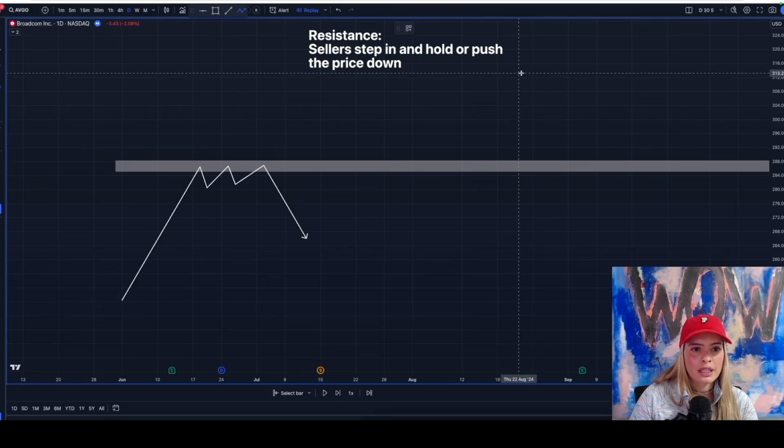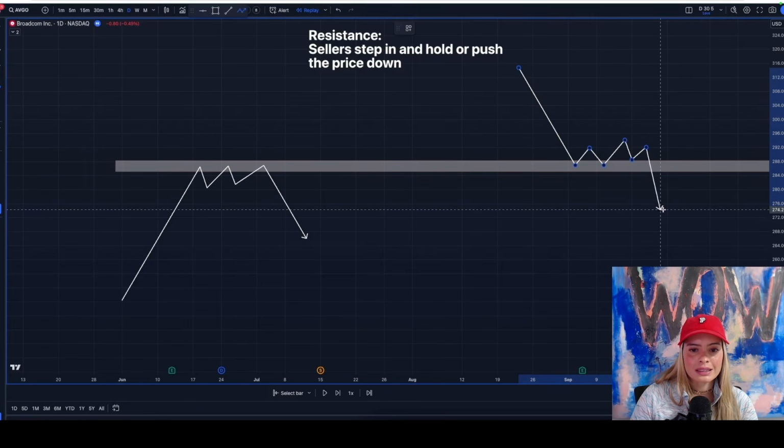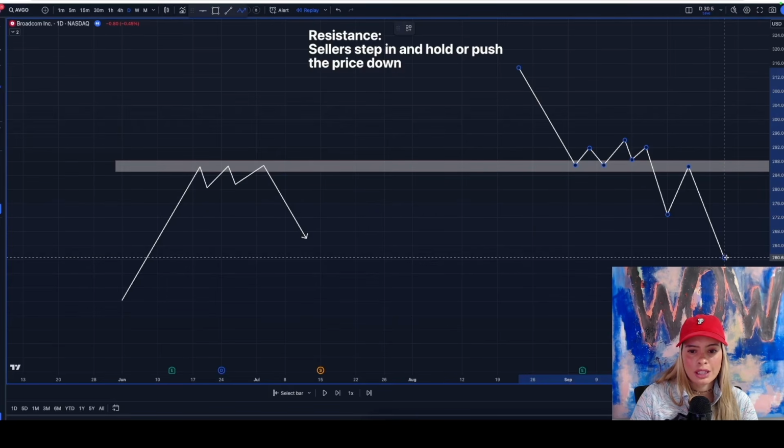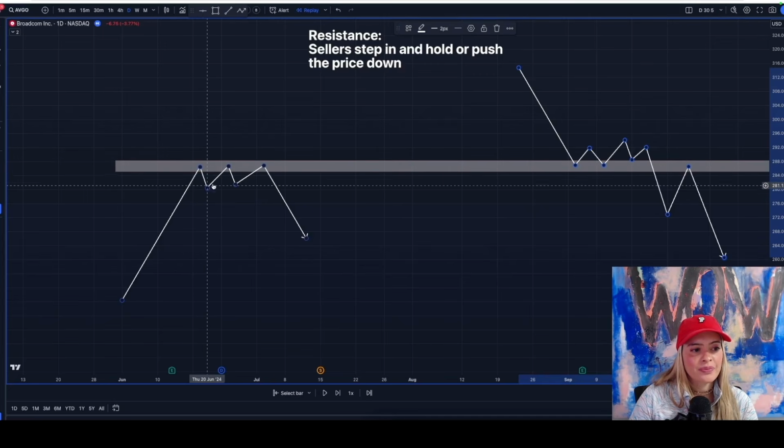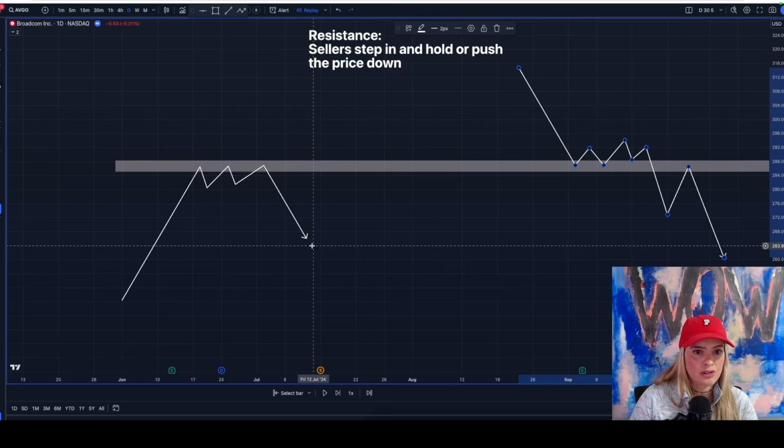Or the market can come down to a support level. Sellers win here, losing this support, which is now acting as resistance, and then the market keeps going lower. So we have the market coming in a bullish move, rejecting a resistance level, with buyers and sellers fighting and then pushing the market to the downside.